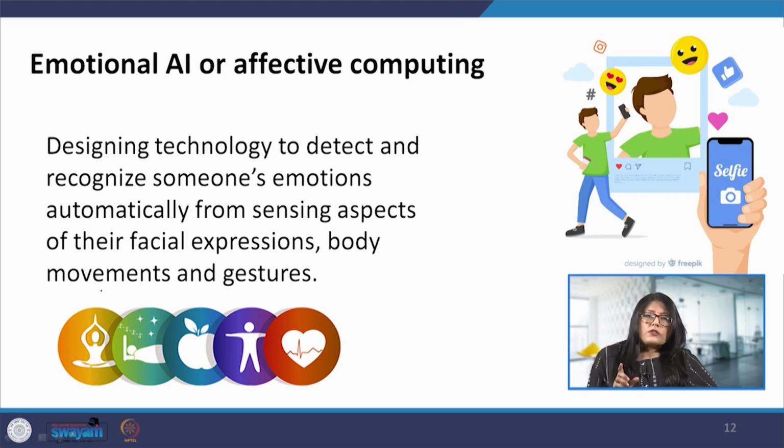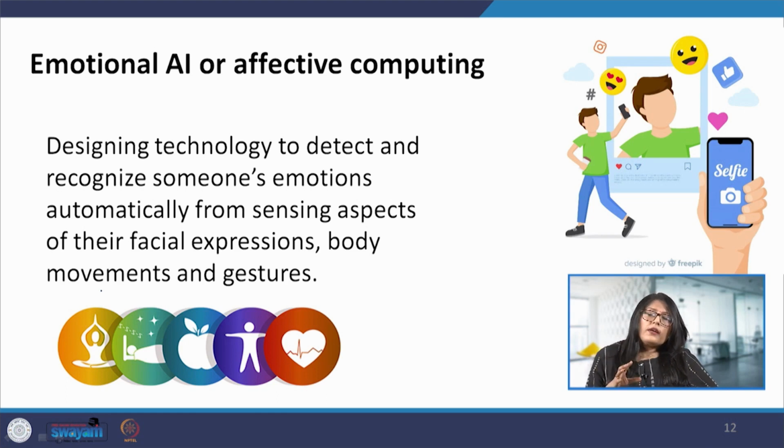And this is known as emotional artificial intelligence or affective computing. So it has many applications, like in the earlier example, we were discussing whether the system can sense if somebody is sad, maybe I should cheer them up.